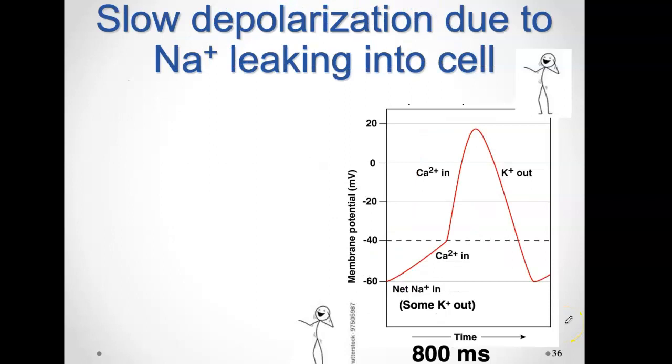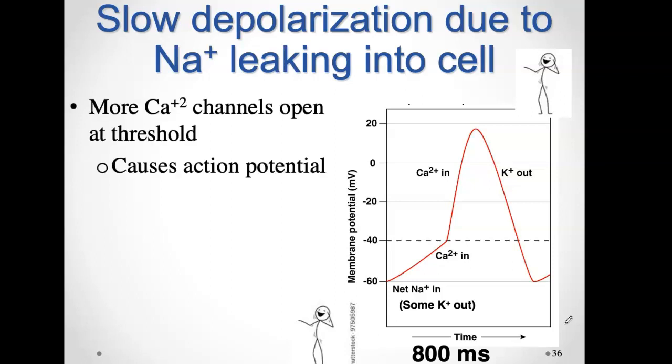Why is this happening? Well, we're going to look at the channels. Okay? So the slow depolarization is due to a sodium channel that is leaky, and it's letting sodium leak into the cell. So let's look. There is a slow depolarization happening, which means that sodium is coming in.